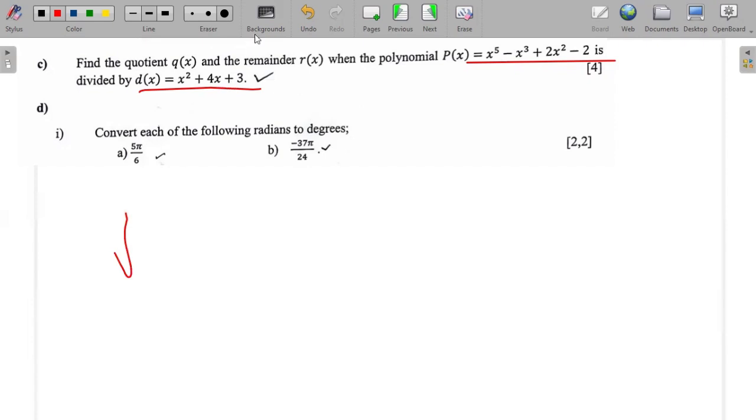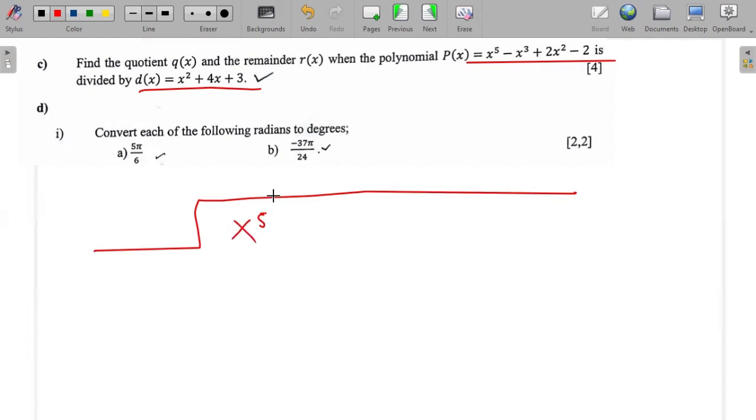We're going to write this again, something like this. So here I'll put the polynomial, x to the power 5. When putting the polynomial here, you should make sure that the powers are reducing smoothly. From x power 5, the next thing I should see is x power 4.